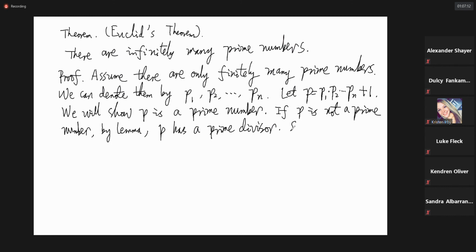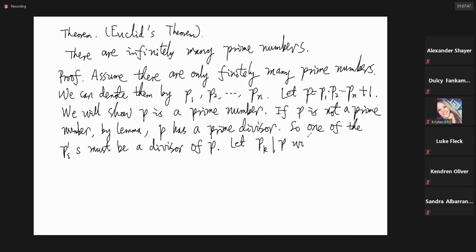So one of the Pi's must be a divisor of P. Okay, we say, so just let pk divide P, with, of course, this k somewhere between 1 and n.